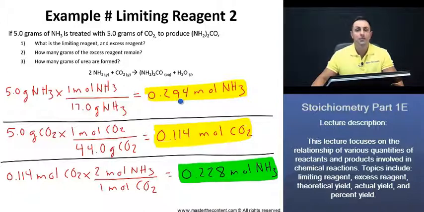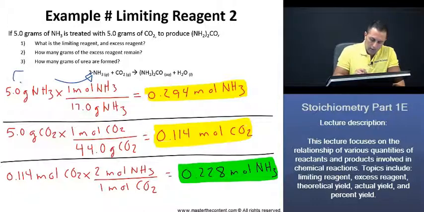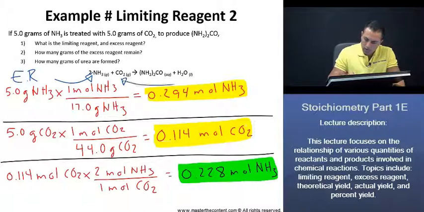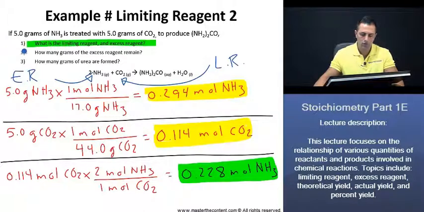Because of that, we know that the limiting reagent will be our carbon dioxide, and our excess reagent is going to be this ammonia. Thus, let's go ahead and write that in as well. This will be our excess reagent, and the carbon dioxide is going to be our limiting reagent. Wonderful. Now that we're done with number one, let's continue with number two.